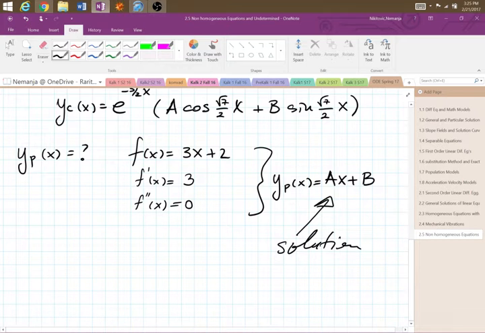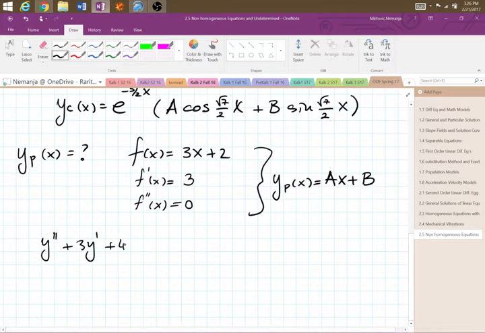So the differential equation is given to us as y double prime plus 3y prime plus 4y is equal to 3x plus 2. Well, I have yp of x. Here I'm going to have yp prime of x, which is just a, and yp double prime of x, which is 0.